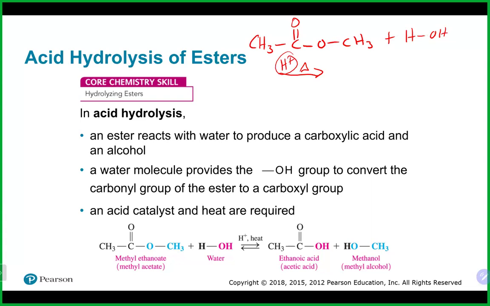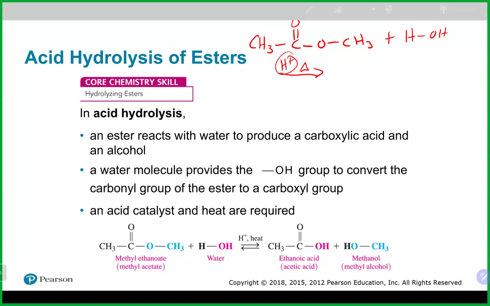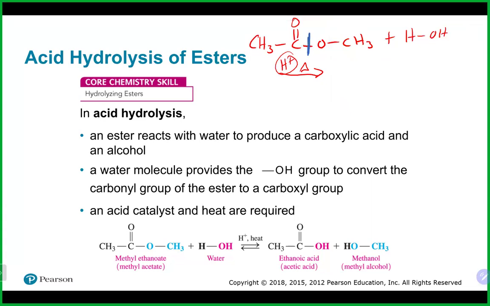So this reaction is the opposite of the esterification reaction where we put it together. So this is basically the exact opposite of it. And that means the way we put it together is we put it together right about here. So what's going to happen is it's actually just going to break apart in that exact same spot.